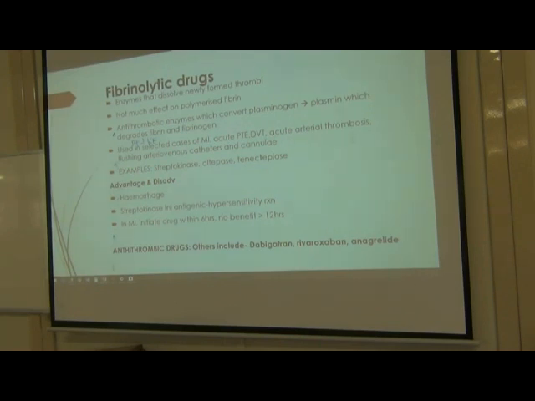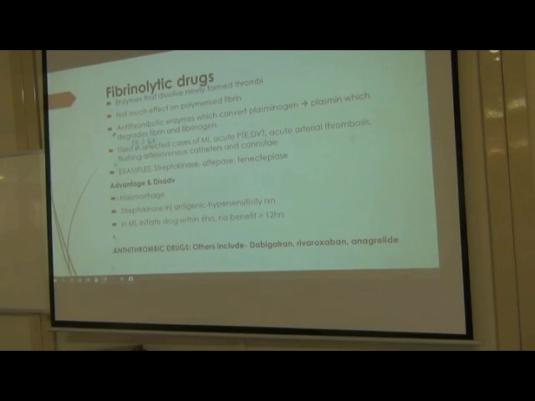So your fibrinolytic drugs help to dissolve newly formed thrombi. It needs to be newly formed. If it is already polymerized fibrin, remember fibrin is deposited on your platelets to polymerize them to make them stronger.